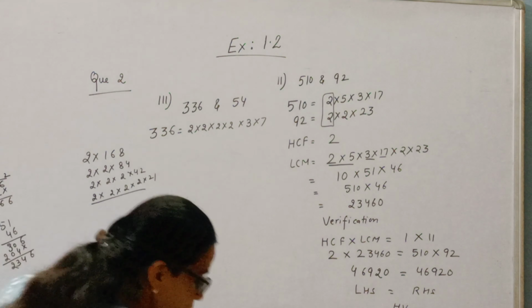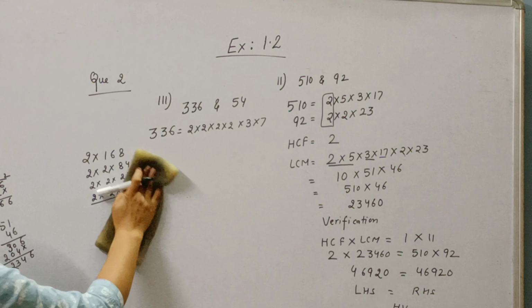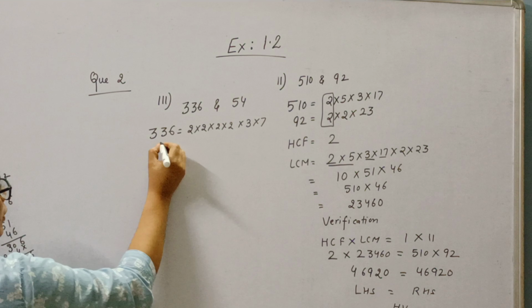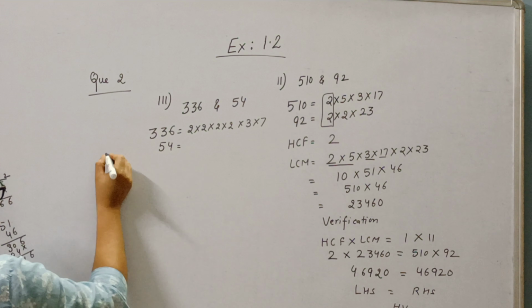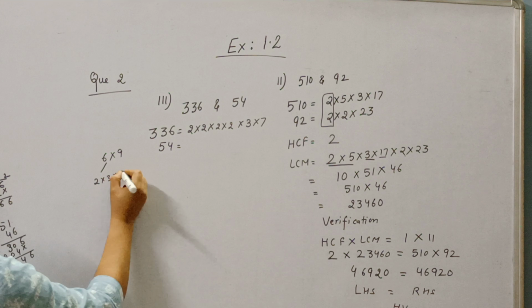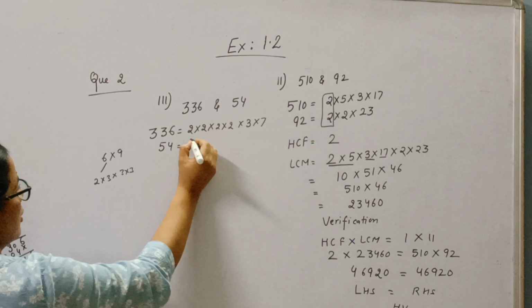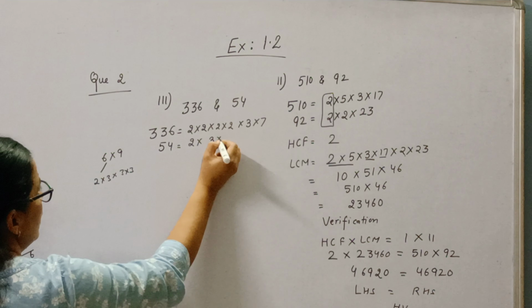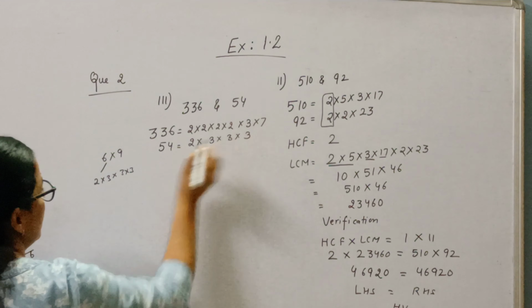These are the factors of 336. Now 54. 2 3s are 6, 3 into 3. So the factors will be 2 into 3 into 3 into 3.